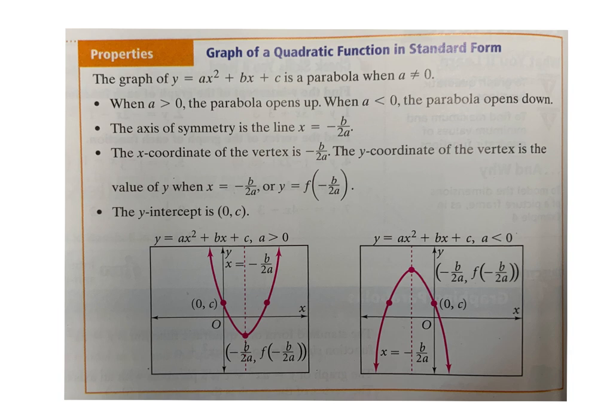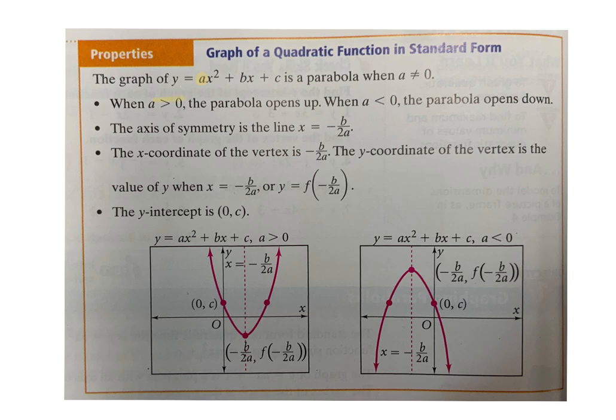So if you have this graph in standard form, some things will always be true. Just like if you have a graph in slope-intercept form, the number right in front of x, the coefficient of x, is always going to be your slope. So when it's in standard form, you always have certain things that are true. The first thing is we can look at the A. The A here tells us something about how it's graphed.